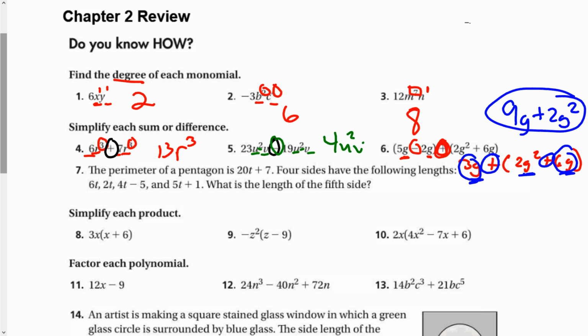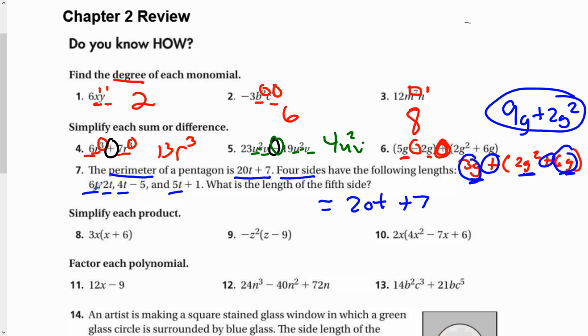Alright, number 7, it's probably going to be the same process, right? We're finding perimeter. Perimeter is just the adding of all the sides. However many sides you have, the total is 20t plus 7. So of my 4 sides, I have a 6t, a 2t, a 4t, and a 5t.